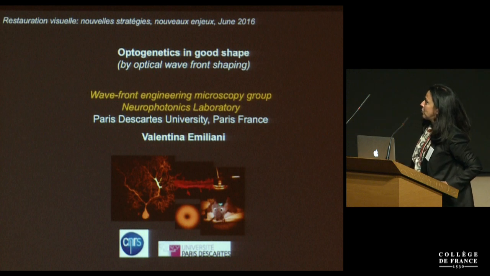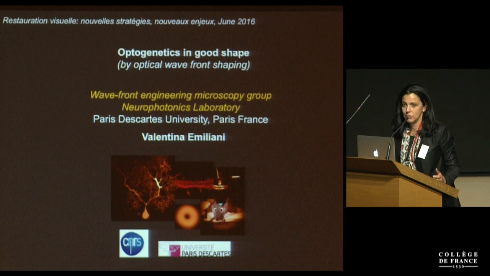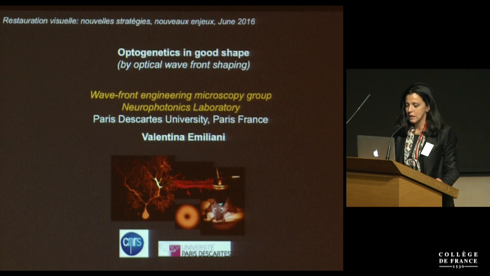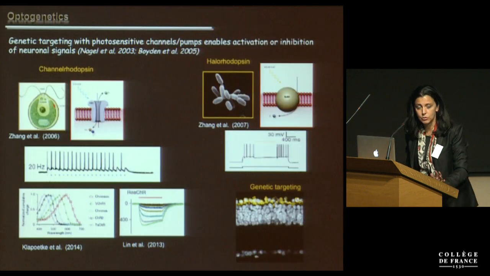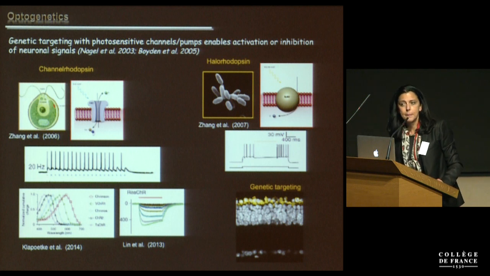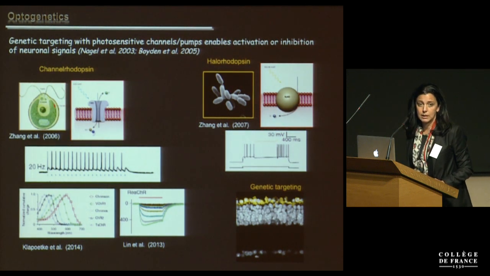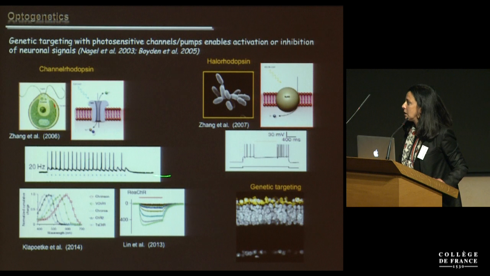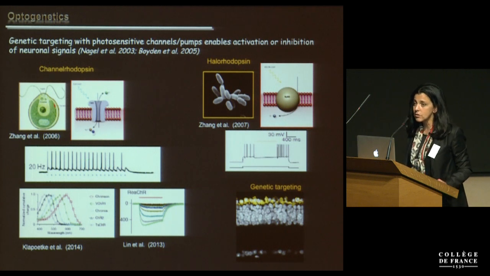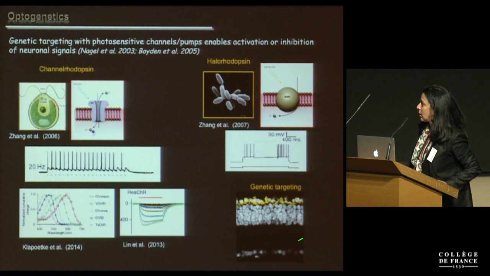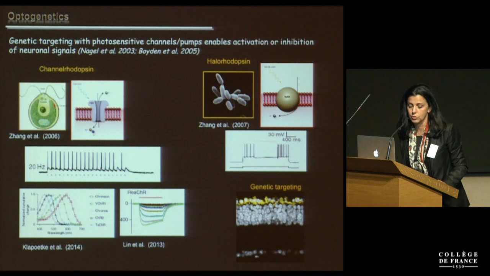So my talk is going to be more from the point of view of developing optical approaches. You have seen in the past talk that there is a very large number of optogenetic tools that we can use to precisely activate or inhibit neuronal activity, with different absorption wavelengths or sensitivity, and also that there are a lot of techniques now that permit a very precise genetic targeting of those tools.